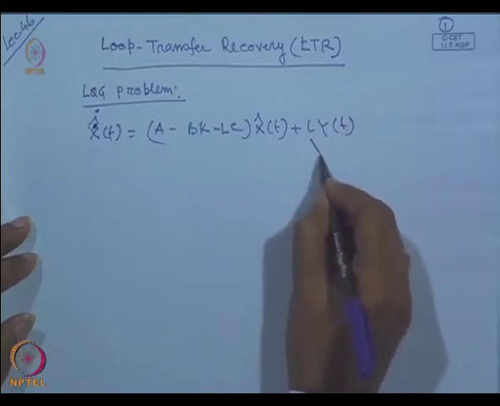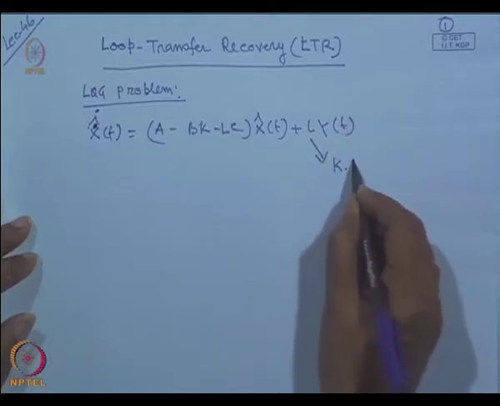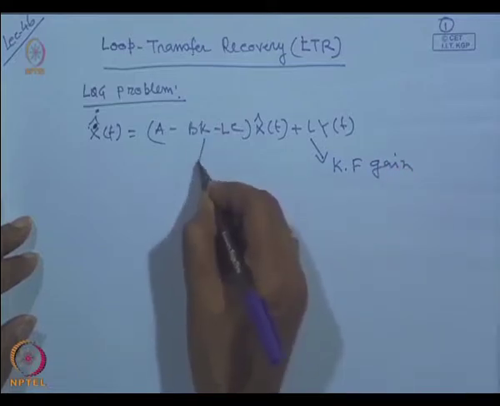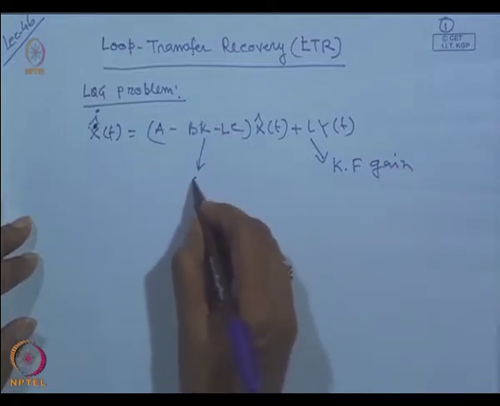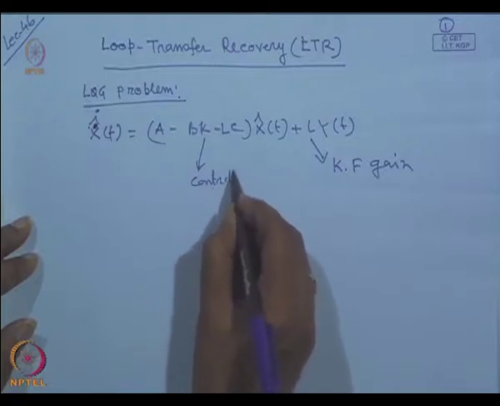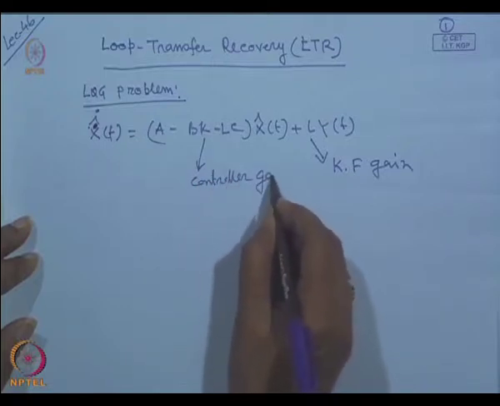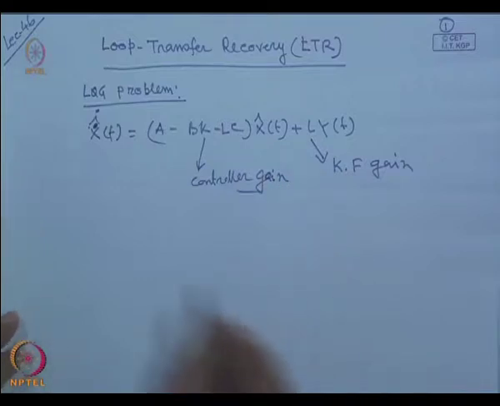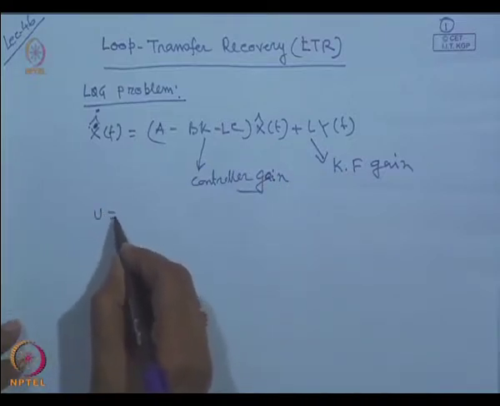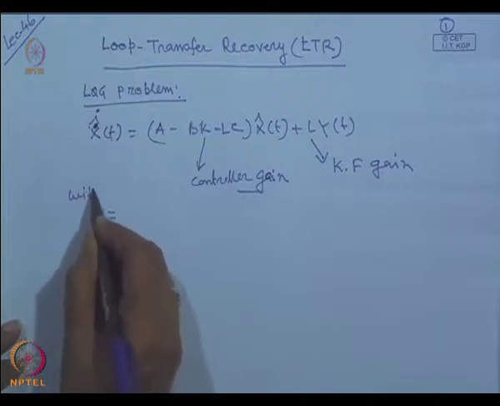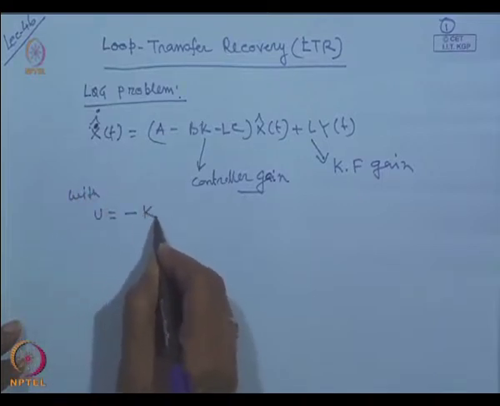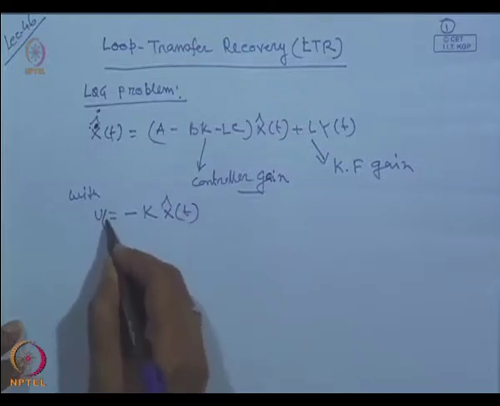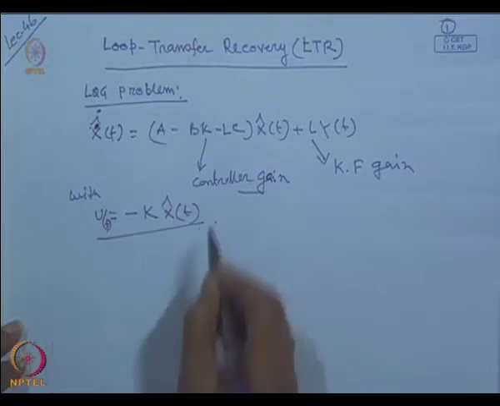This L is the Kalman filter gain, and K is the controller gain, where u of t is equal to minus K x hat of t.